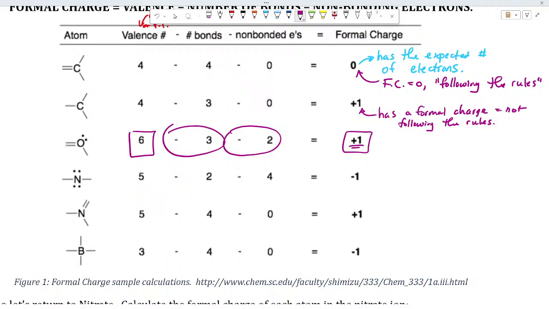It's about what the number of bonds and the number of lone pairs says about how many electrons it has in general. So we expect carbon to have 4 electrons of its own. The other way to think about this would be saying, this is like saying 1 electron for carbon, 1 for this other thing. 1 electron for carbon, 1 for the other thing. So of its own, how many electrons does carbon have here? 3, but we'd expect it to have of its own 4, which means its charge is plus 1.